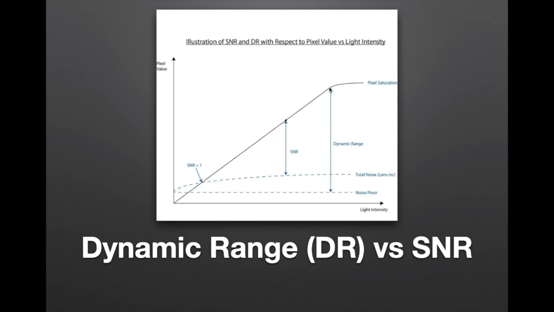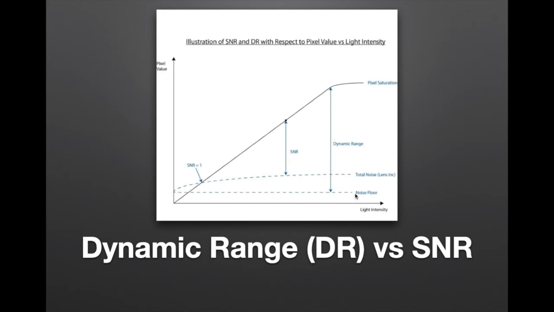And the other thing this shows is the dynamic range. Now, this is the dynamic range of the imaging system. So what we have is the maximum value it can represent in light intensity and pixel value, and also the noise floor. This is all the noise that's in the system, like bias noise, dark noise, quantization noise.